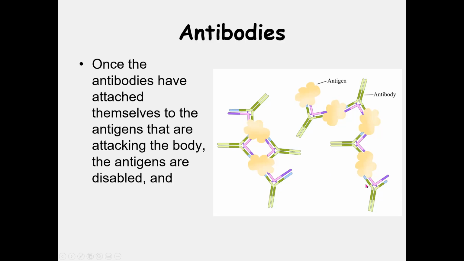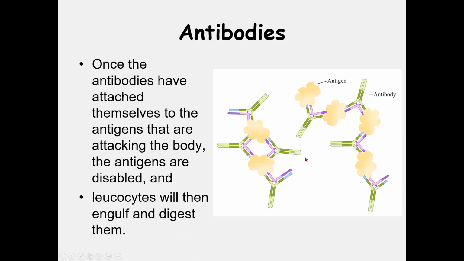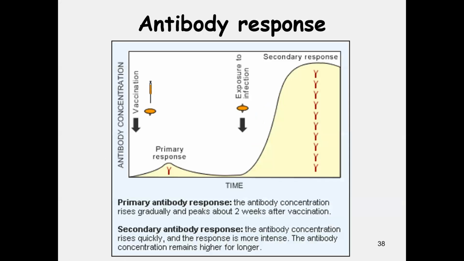So we produce the antibodies, and you can see here the disulfide bonds, and that's what it would look like. And then the leukocytes, the white blood cells, will come and engulf the whole lot, including the antibodies, digest everything, and get rid of them.